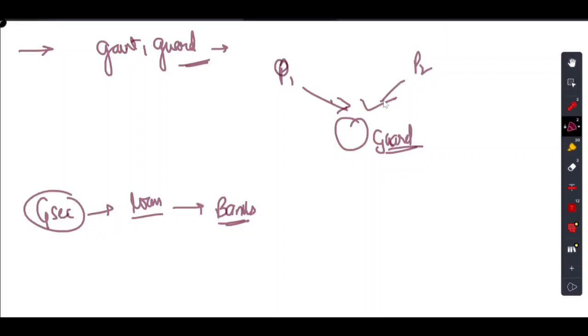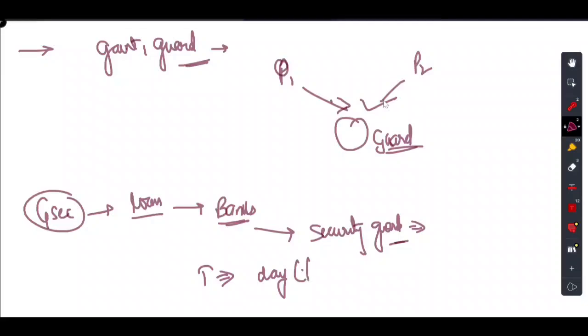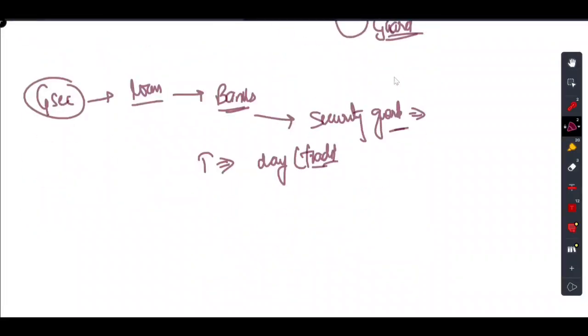They use a security guard to guarantee the trade, and the settlement cycle is simply the delivery time. T stands for the day you made the trade. And if the delivery happens tomorrow, that's called T plus 1.